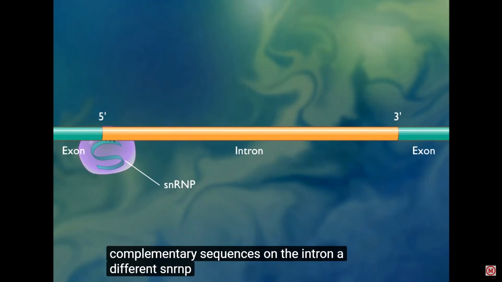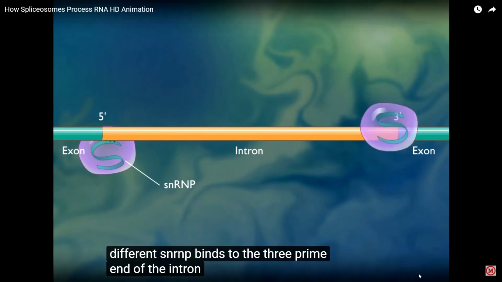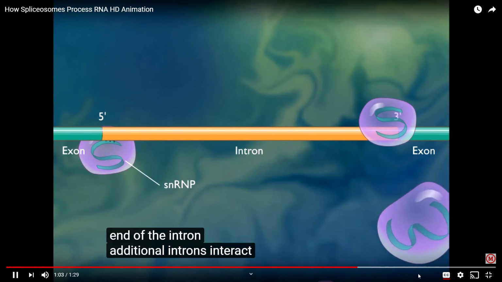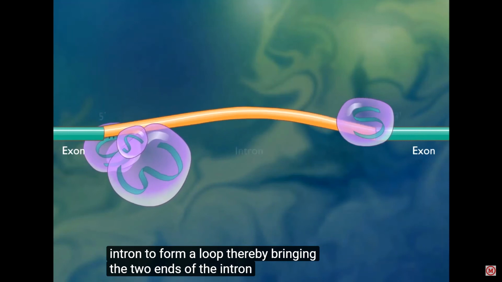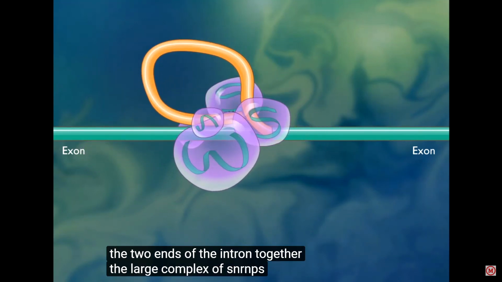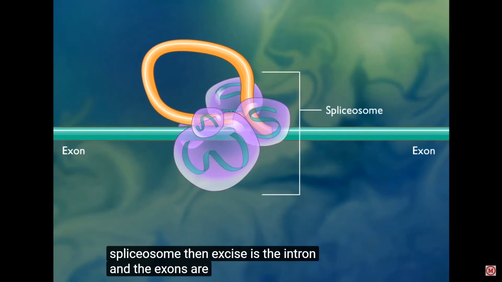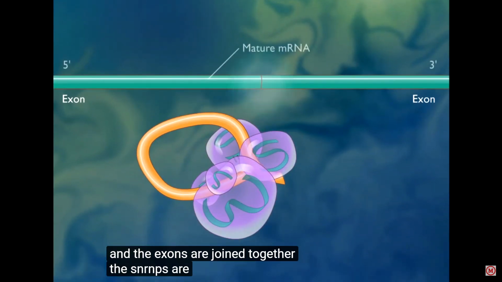A different snRNP binds to the 3' end of the intron. Additional interactions cause the intron to form a loop, thereby bringing the two ends of the intron together. The large complex of snRNPs, called a spliceosome, then excises the intron and the exons are joined together. The snRNPs are then released.